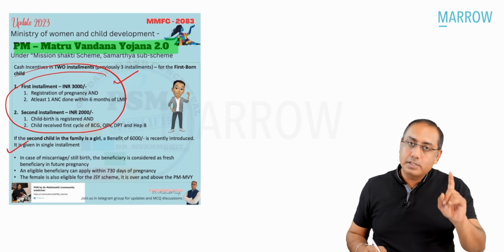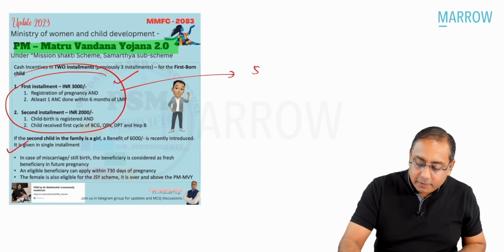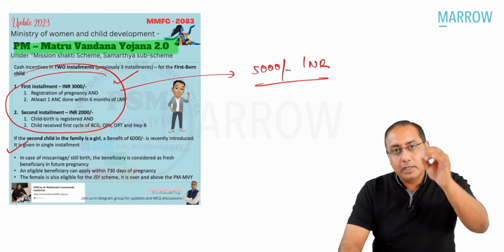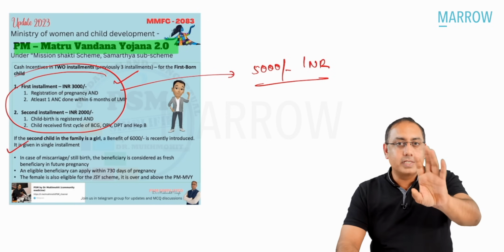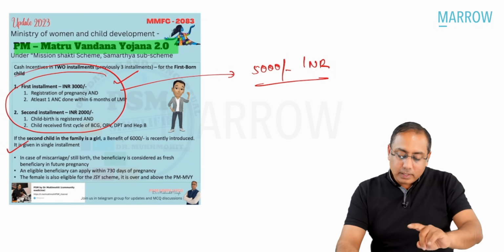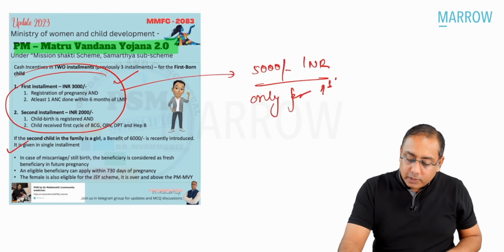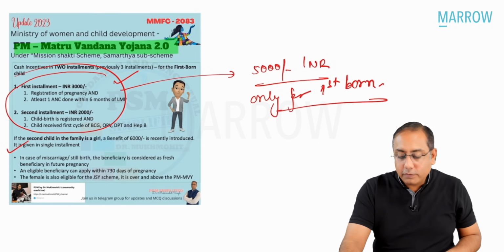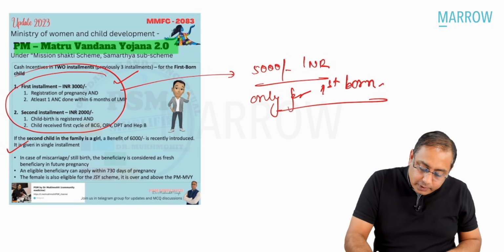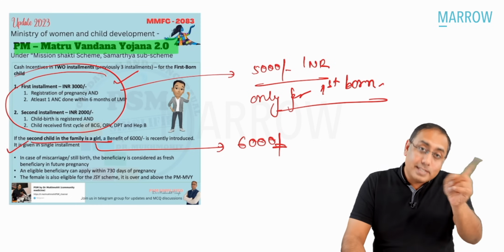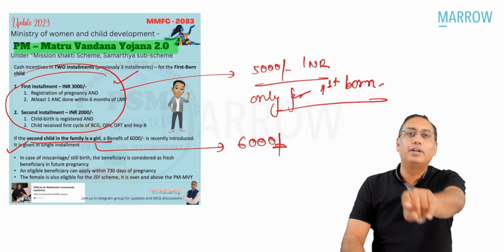Also, the Government of India has started that if the second child is a girl child, there is a further incentive. The 5,000 rupees is over and above the JSY scheme, which is also incentive based, and is only for the first born child. Now 6,000 rupees is also given for the second child, only if the second child is a girl child.